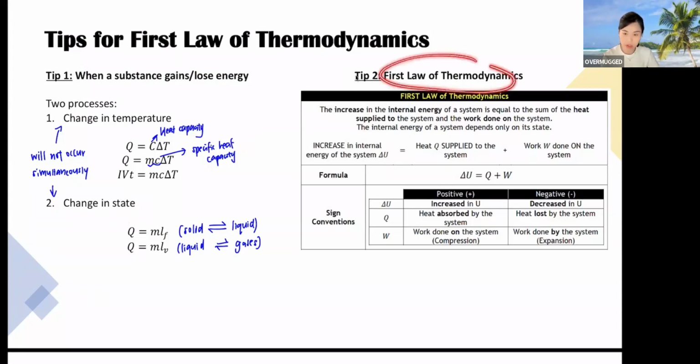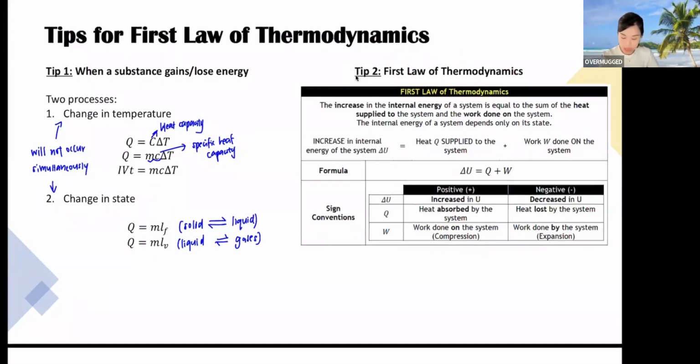Now next, in first law of thermodynamics, you learn that it states that the increase in the internal energy of a system, which is your U, is equal to the sum of the heat supplied to the system and the work done on the system. So which means to say that delta U is equal to Q that is supplied into the system, plus work done on the system.